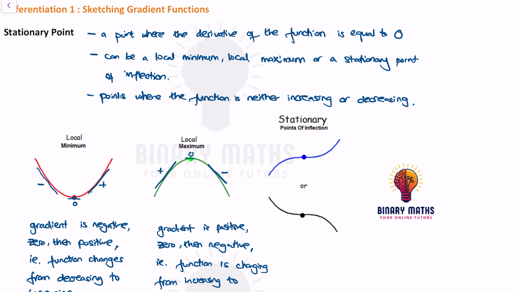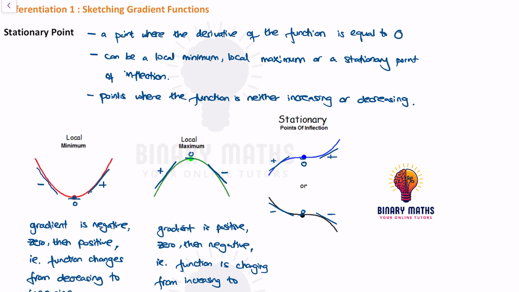Okay, a stationary point of inflection can be one of two types. Obviously at the stationary point of inflection, the gradient is 0. In the first case, if you draw tangents to the curve, it's positive on either side. And in the second situation, if you draw tangents, it's negative to either side of the stationary point of inflection.